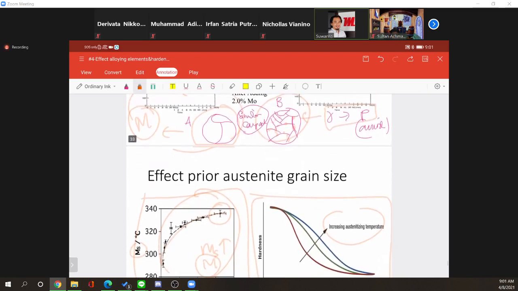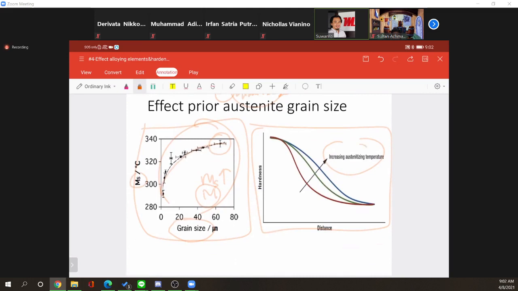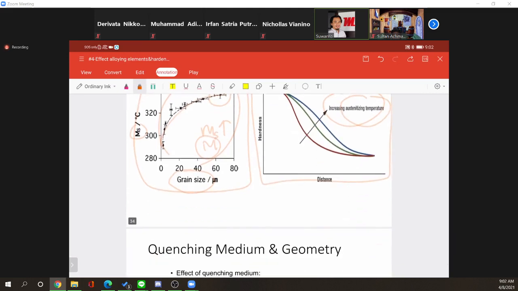And then another effect, in addition to the grain size, is the austenitization temperature. You have something like that. This is a curve for the temperature, and this is carbon content.